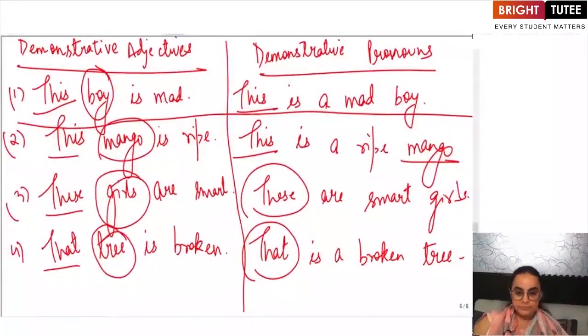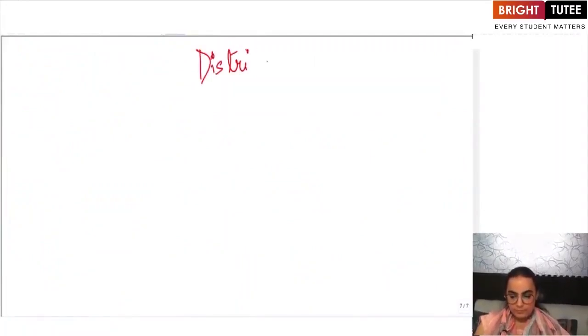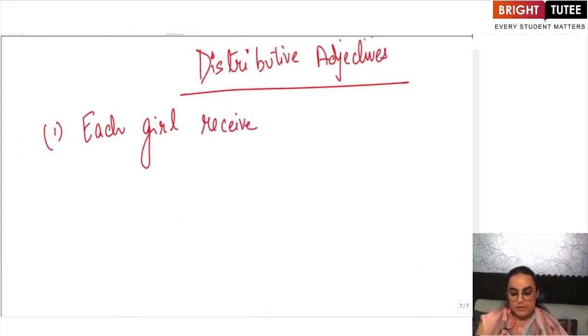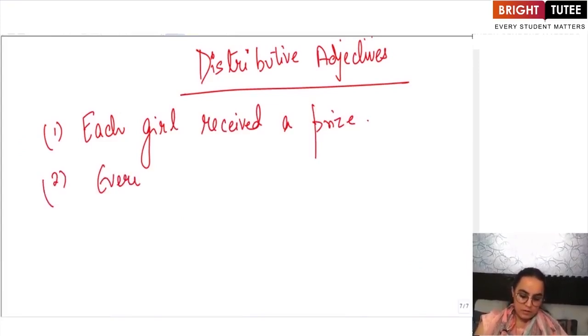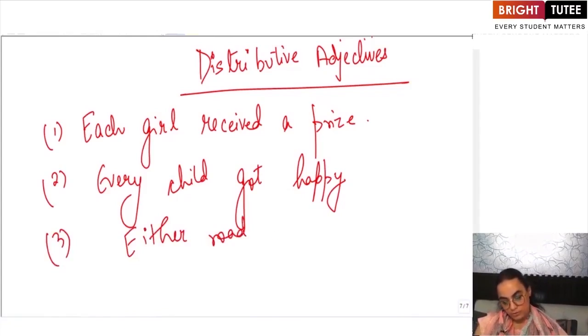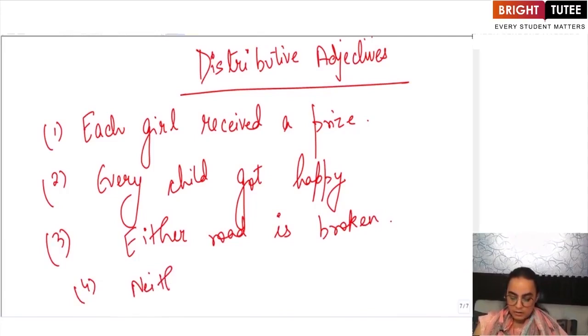For example, if I say, each girl received a prize, every child got happy, either road is broken, neither pen is working.